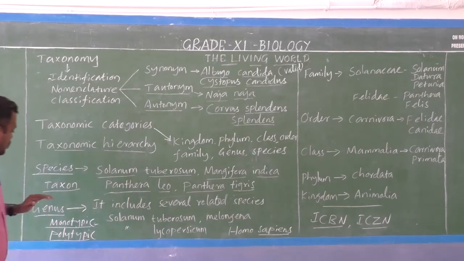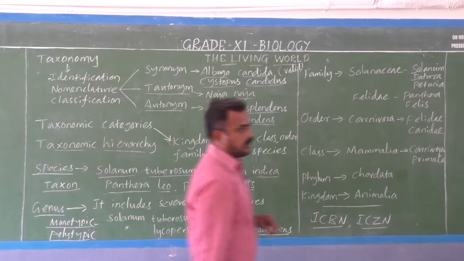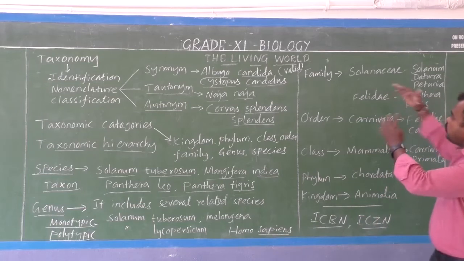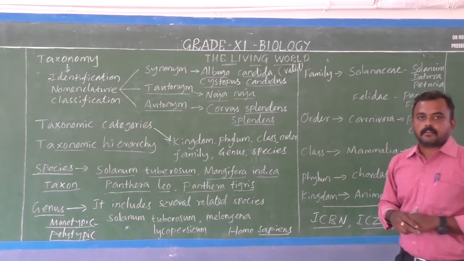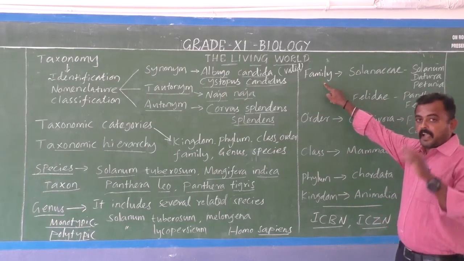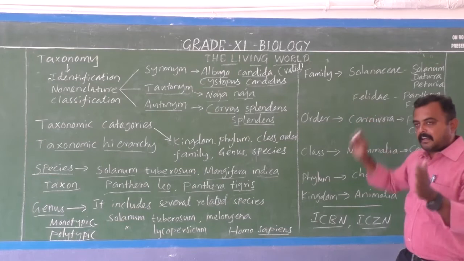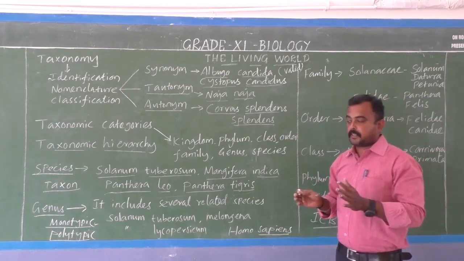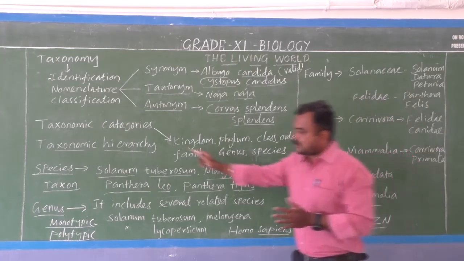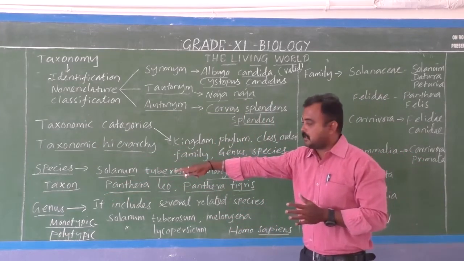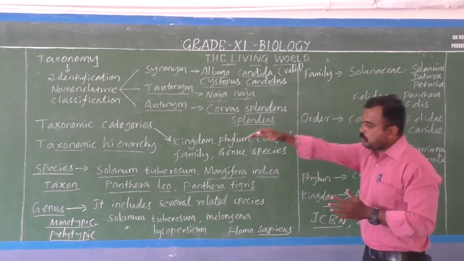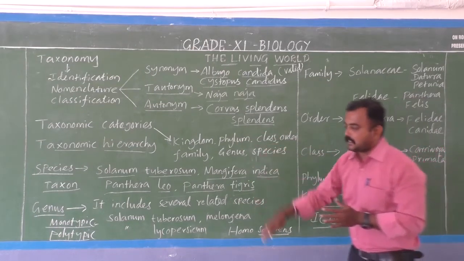Right. Next one, we can go for family. It is higher than the genus. It includes several genera, that means different genus. Family includes several related genera. Here you have seen that different species are placed in one genus, right? So different genera are placed in a family.